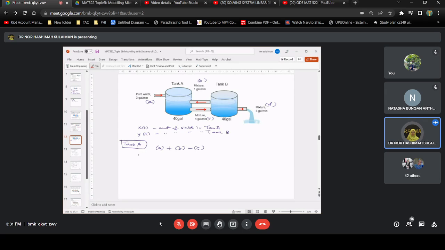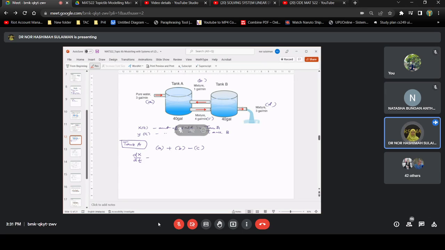Okay, so kalau perhatikan kita define dia sebagai x(t), dx/dt. Ini kita fokus on tank A. Cuba tengok A. Dia pure water. Kalau pure water, concentration dia apa? Kosong kan? Okay, apa dia punya rate dia? 3 kan? Okay. So cuba tengok yang dekat sini.